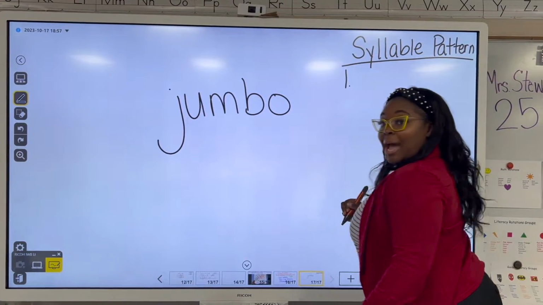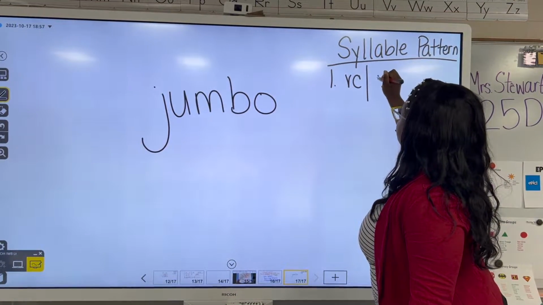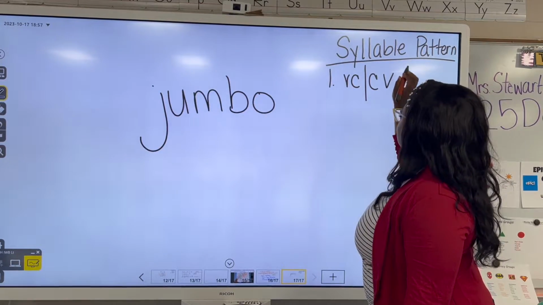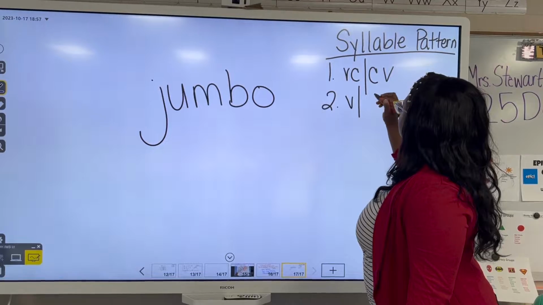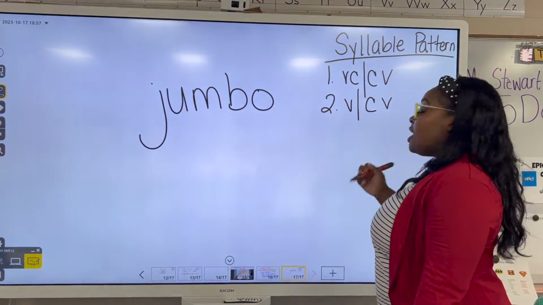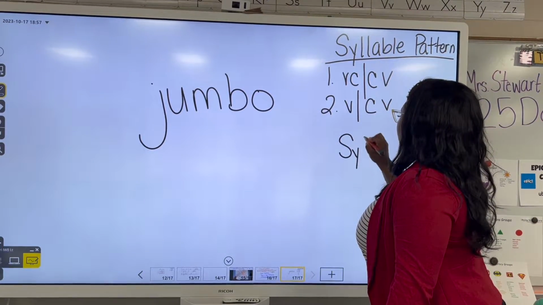The first syllable pattern is V, C, slice, C, V, okay? My second syllable pattern is V, slice, C, V. And then there's some codes that I need to know, so I'm gonna put here my syllable codes.